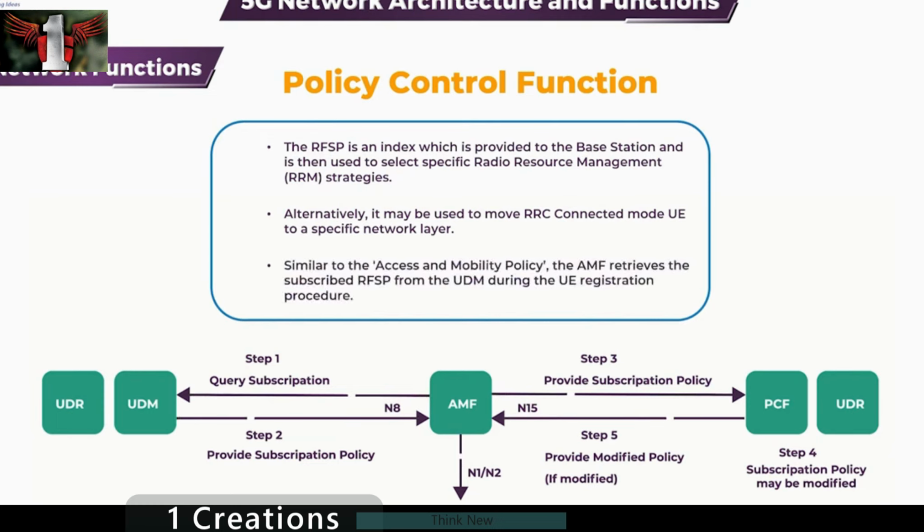Similarly to the access and mobility policy, the AMF retrieves the subscribed RFSP from the UDM during the UE registration procedure. It is subsequently provided to the PCF where it can be modified according to an operator policy. RFSP is equivalent to the subscriber policy identity used by the 4G networks.